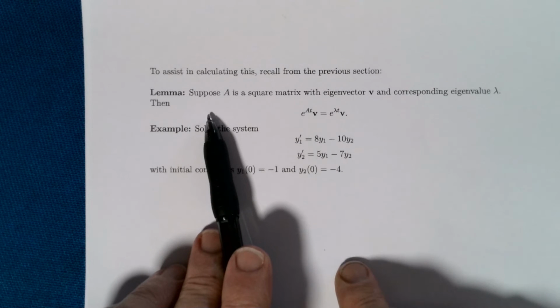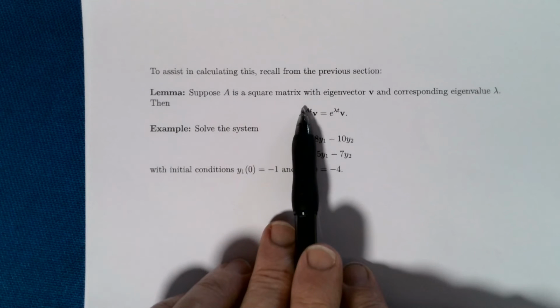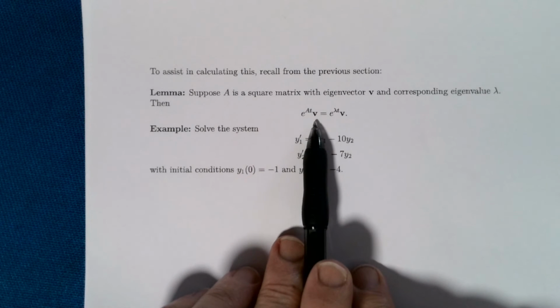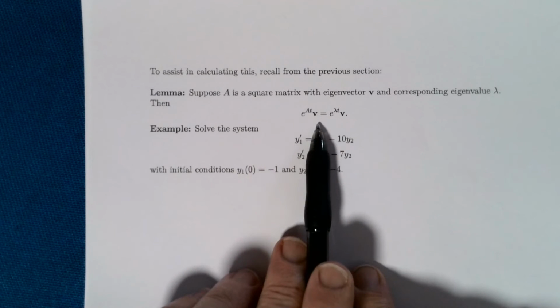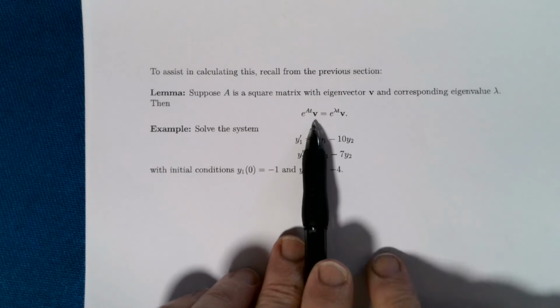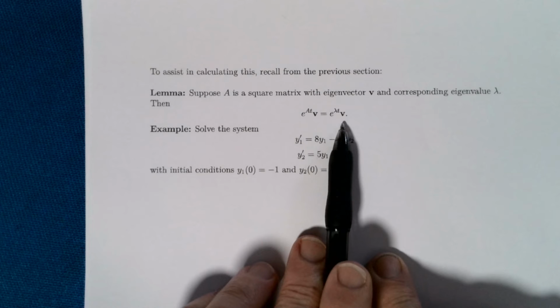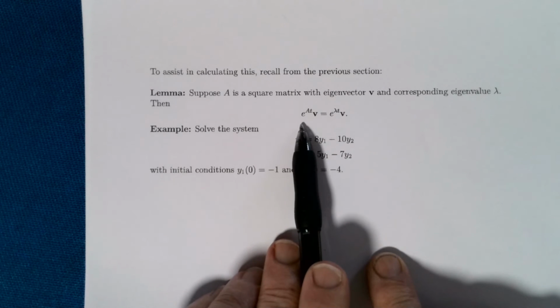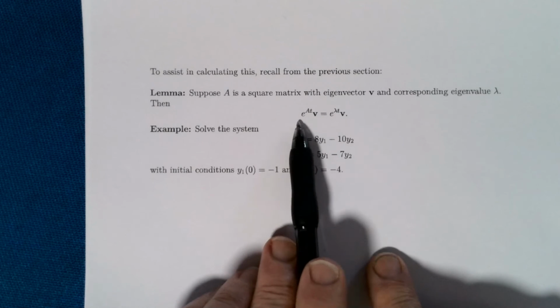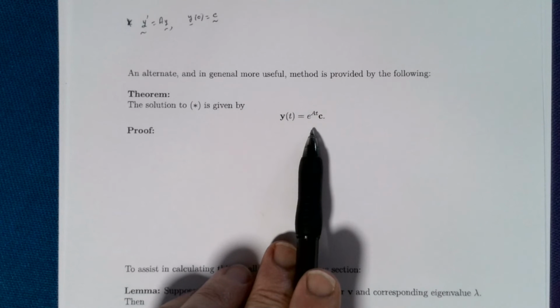And remember, it said that if v is an eigenvector, then e to the AT times this eigenvector gives you e to the lambda t times that eigenvector. That beautiful result. So I'm going to use this idea when I come to calculate this beast up here, e to the AT times c.